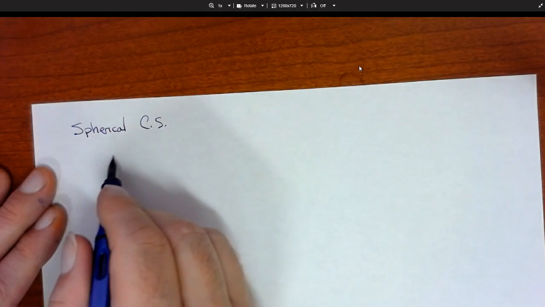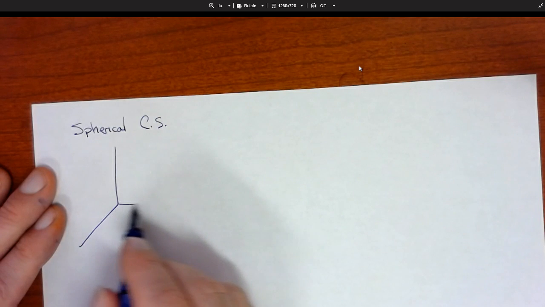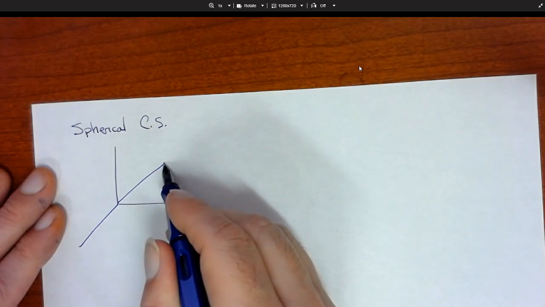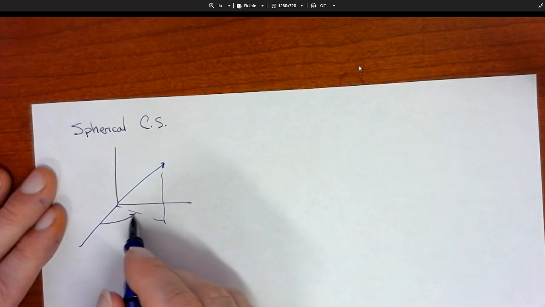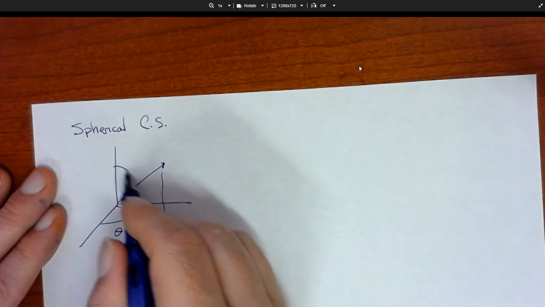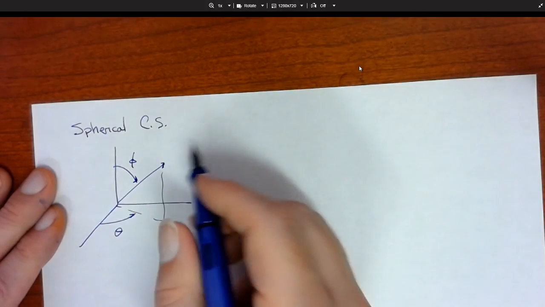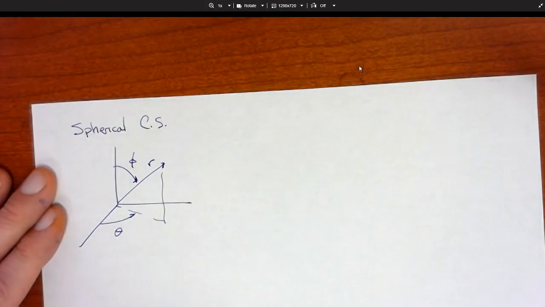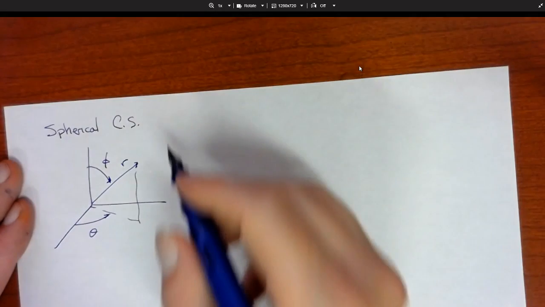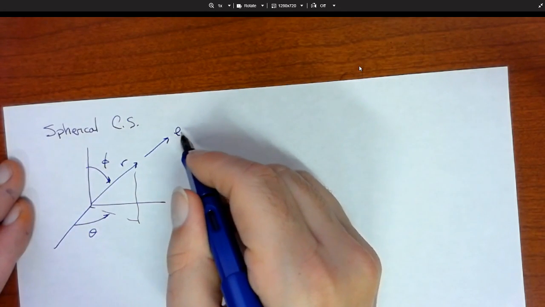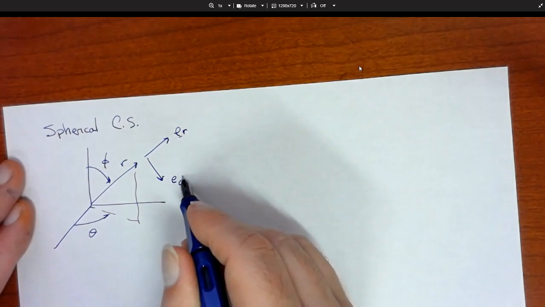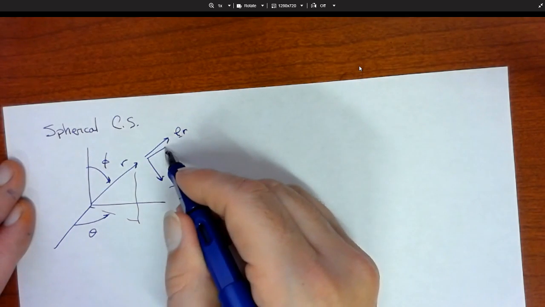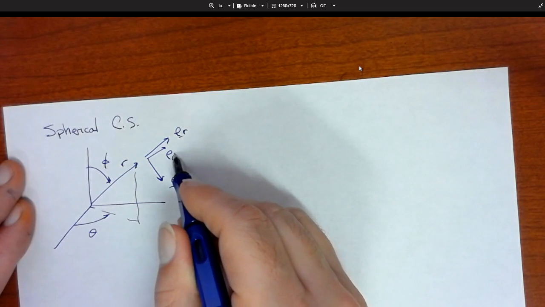So just in summary, for spherical coordinate systems, I'll just redraw the system. There's the theta direction, the phi direction, and this is the r direction, right? So this is E r, E phi, and then perpendicular to that we get an E theta.